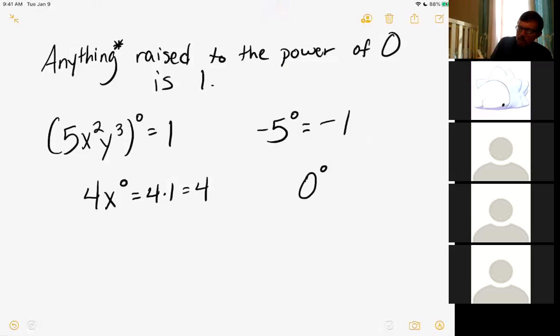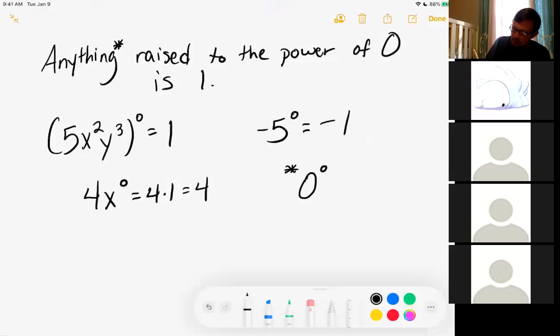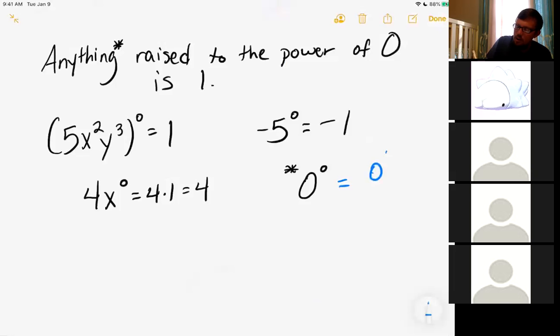So this is why I put an asterisk next to anything. Here's my asterisk. Not anything, anything except for 0. Because for me to get 0 to the power of 0, what I would have to have is like 0 to the 3rd over 0 to the 3rd. So that I end up with 0 to the 3 minus 3 power, which is 0, right? That's how you get 0 to the power of 0, something like that.